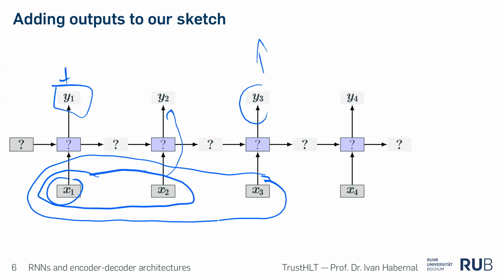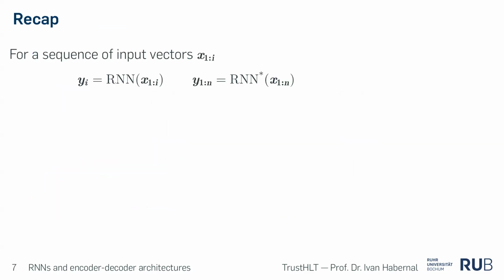What are these things, the blue ones and the gray ones? We'll figure it out. I don't know, but we're taking it step by step. So we have a sequence of inputs, and we want to output a sequence of outputs. That's awesome. So, recap so far: for a sequence of input vectors x1 to I, we are outputting a sequence of output vectors.